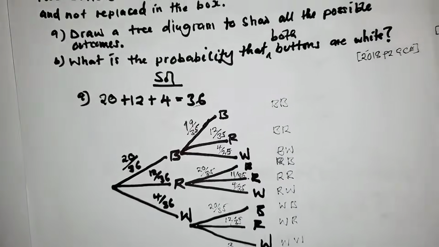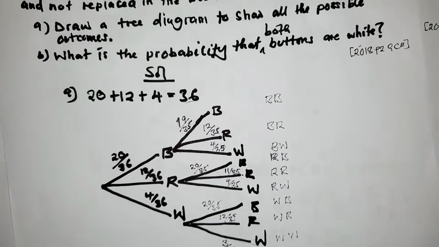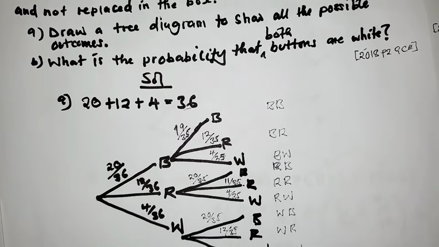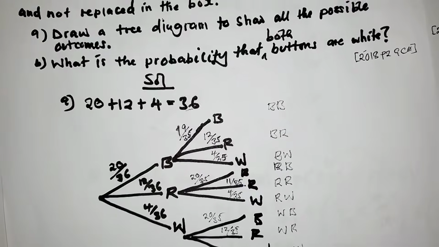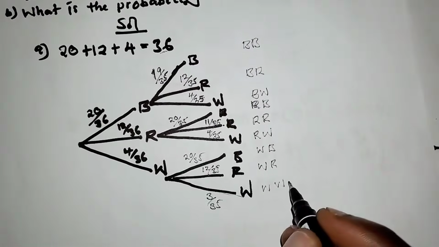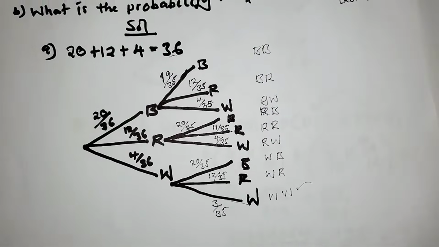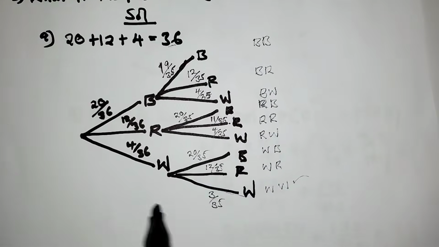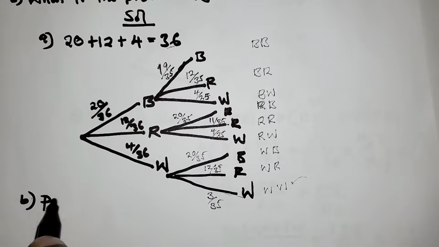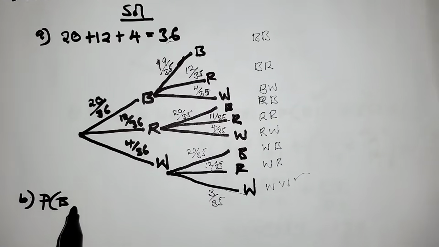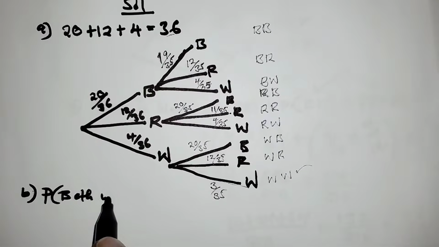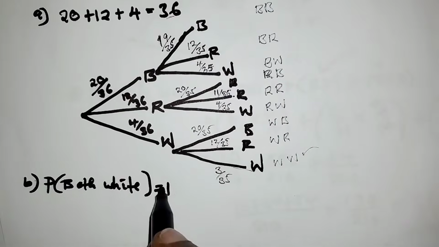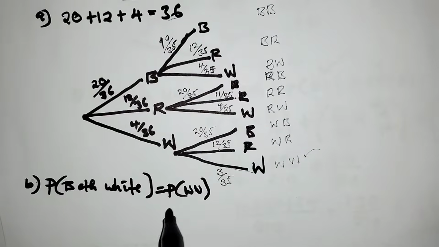You are done. The second question is saying, what is the probability that both buttons are white? So I'm going to direct to this one, which is WW. We're going to say the probability that both are white is equal to the probability of WW.